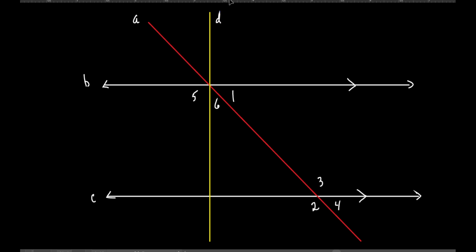All right. So here's what they tell you. They tell you something about angle 1. I'm going to put it right here. They don't tell you like it's 30 degrees or 50 degrees or something like that. They give it to you in terms of letters, variables.